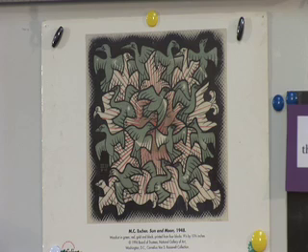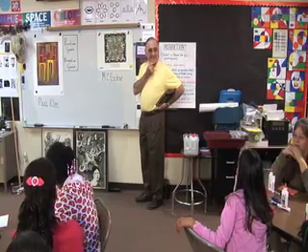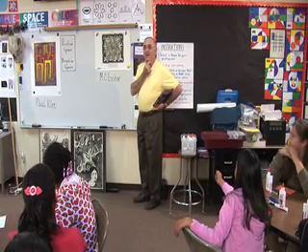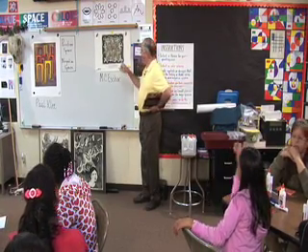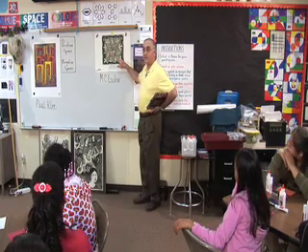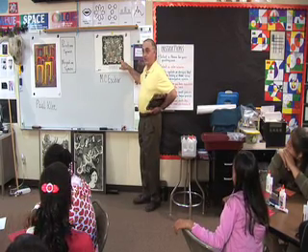Okay. Yes, Laura. You can see more birds in the open space between the other green birds. Okay, Laura's noticed that there are green birds on here, but there are also what other color? White. White or light colored birds.